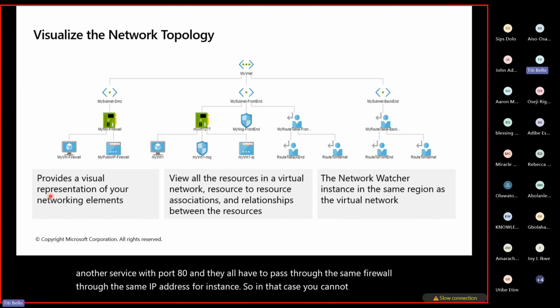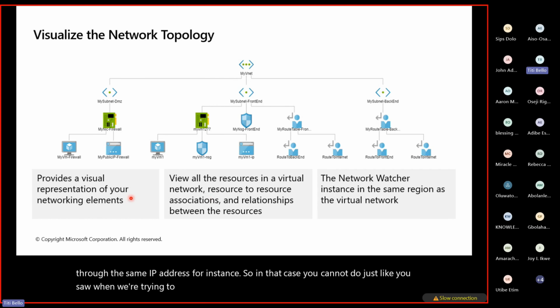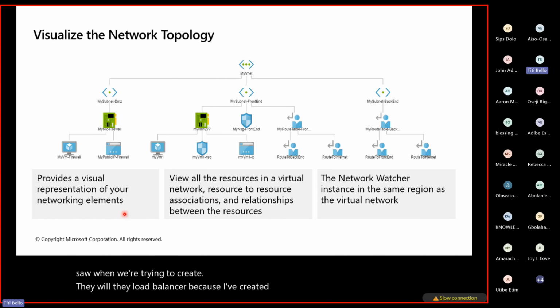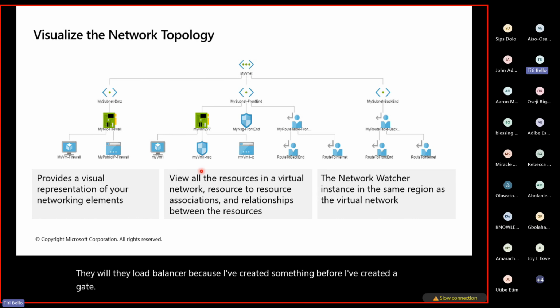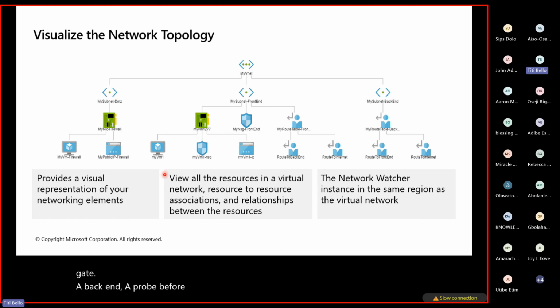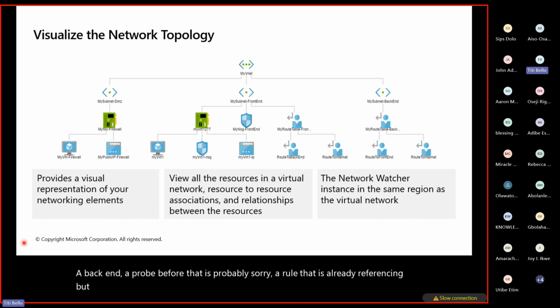Just like you saw when we were trying to create the load balancer, I had created a backend and a probe before, a rule that is already referencing port 80 internal and 80 outside. I cannot create it again.